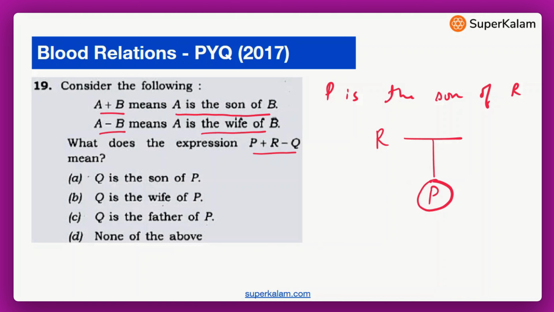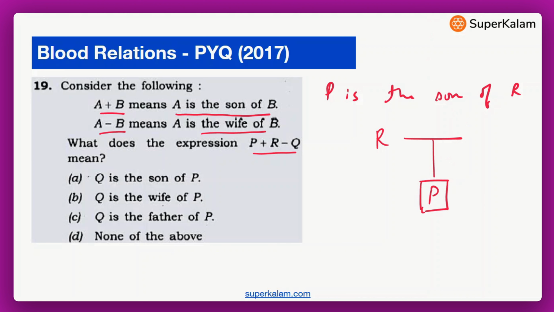So here I made a mistake, which you can easily point out. P is the son, so P is a male, so P should be in a square box. But here we don't know the gender of R. R can be P's mother, R can be P's father too. So we will stop it here only.